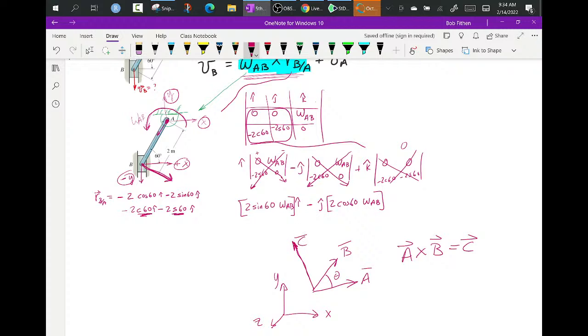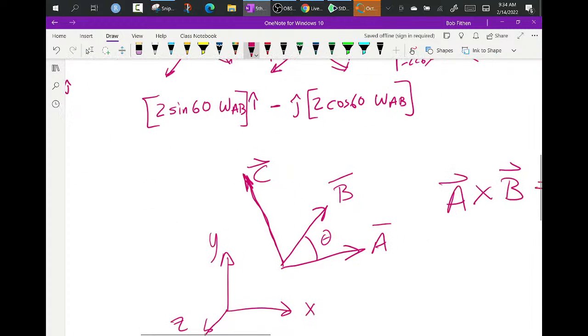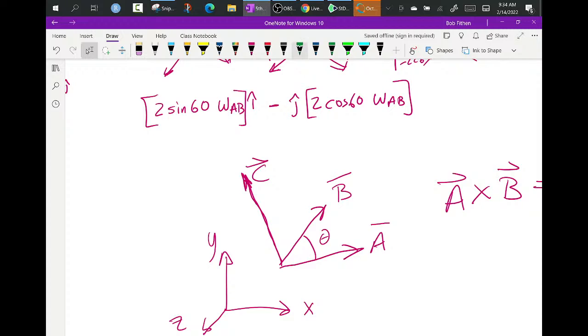Because of the properties of this thing, C would always be perpendicular to B, and it would also be always perpendicular to A.